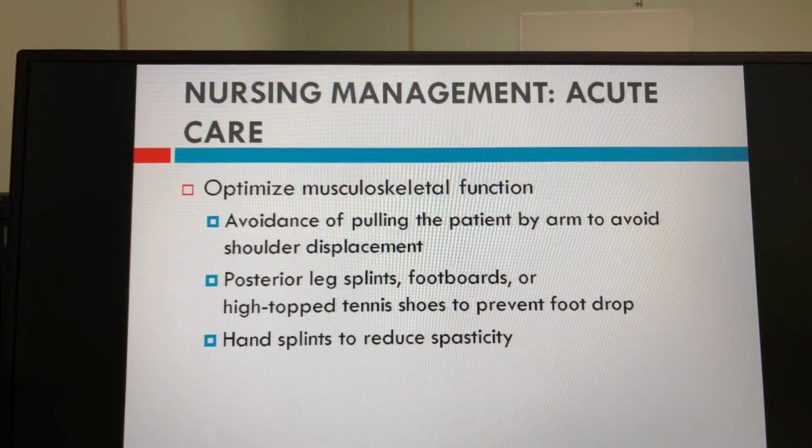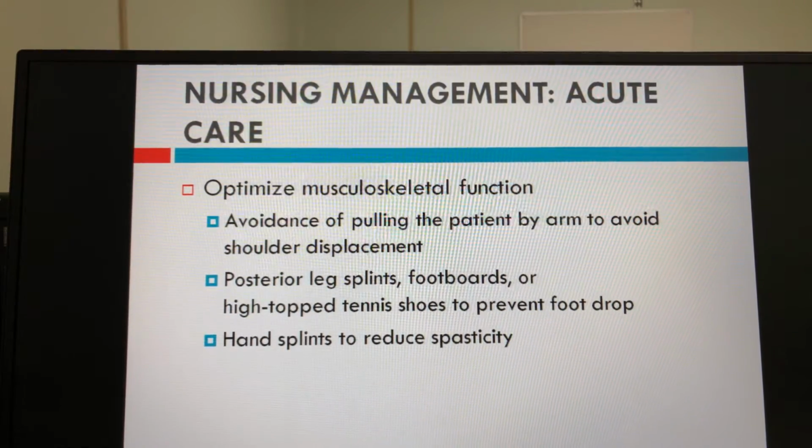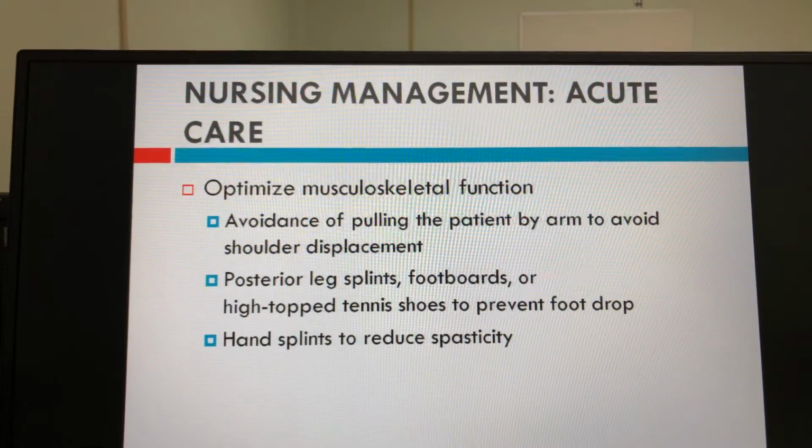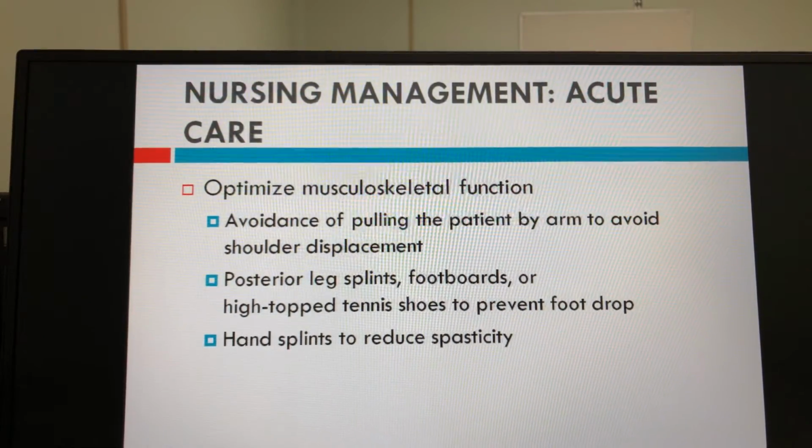So that's kind of controversial. Rather than preventing plantar flexion, which is foot drop, the sensory stimulation of a footboard against the bottom of the foot actually, according to Lewis, increases plantar flexion.